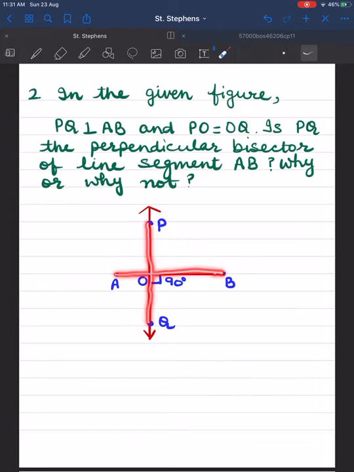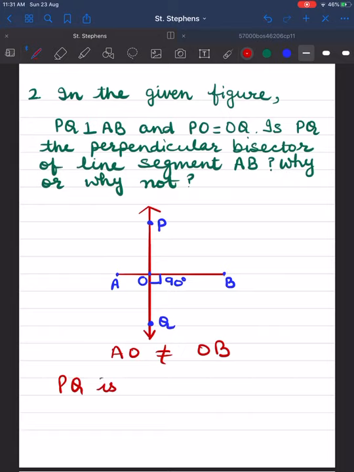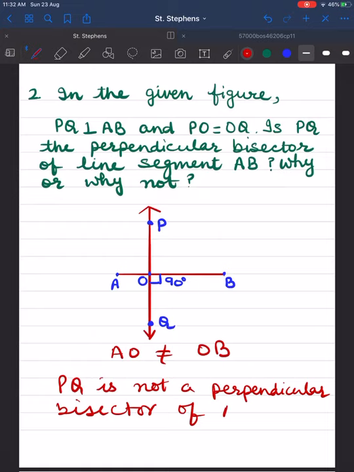And if we observe the figure, we find that it does not pass through the midpoint of AB as AO is not equal to OB. So PQ is not a perpendicular bisector of line segment AB.